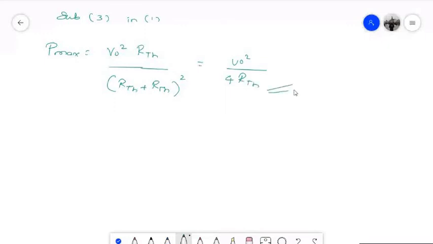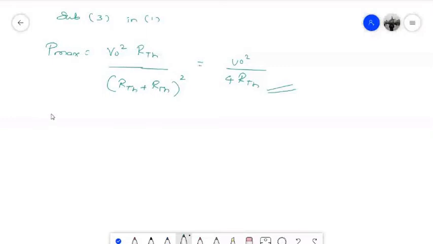So this is the maximum power that is transferred by the source.